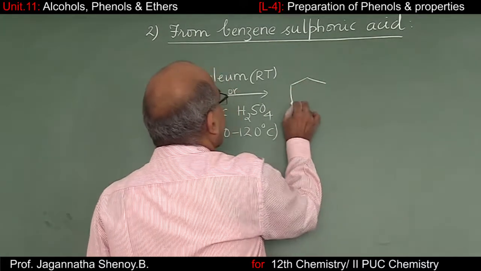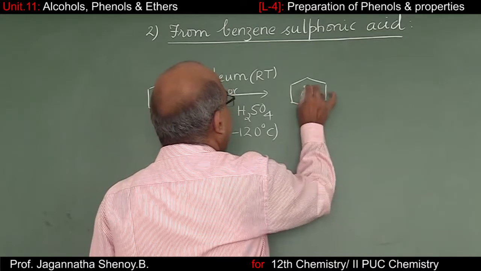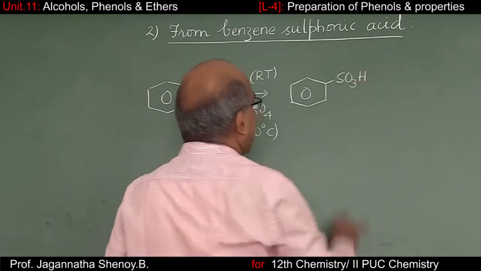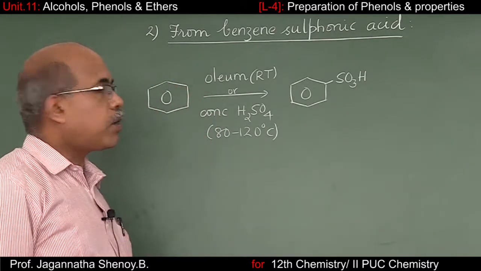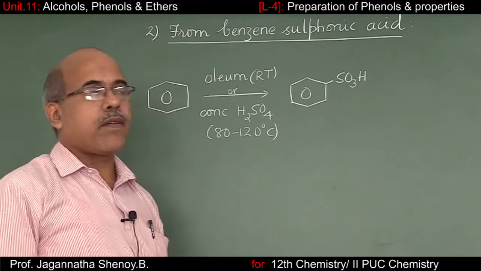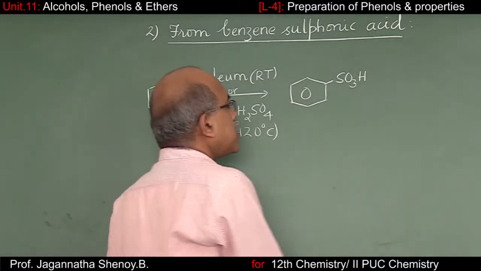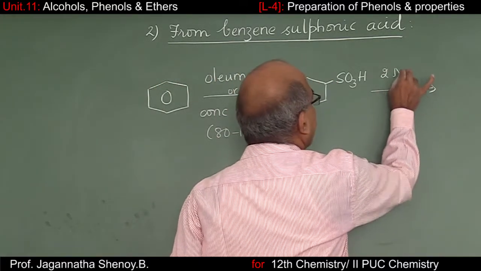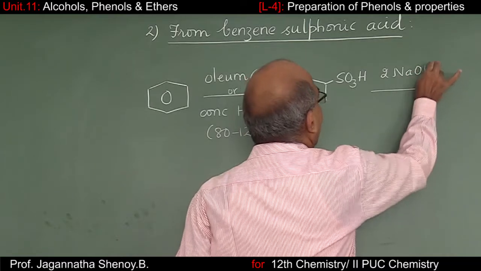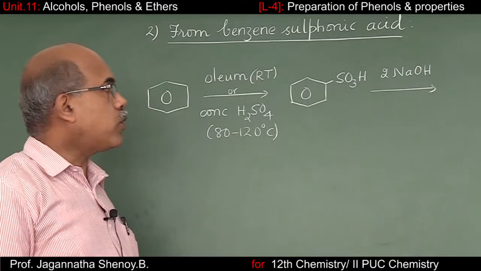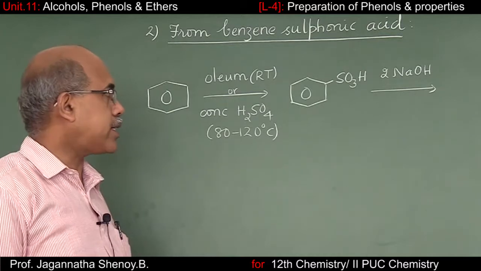So benzene sulfonic acid is formed in this process. Once we get benzene sulfonic acid, next I am going to treat it with 2 moles of NaOH. It is solid sodium hydroxide we use, and we fuse it with benzene sulfonic acid.